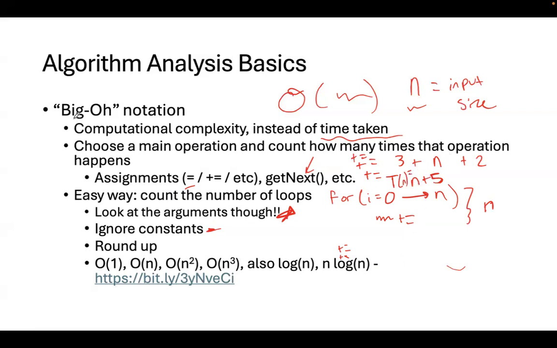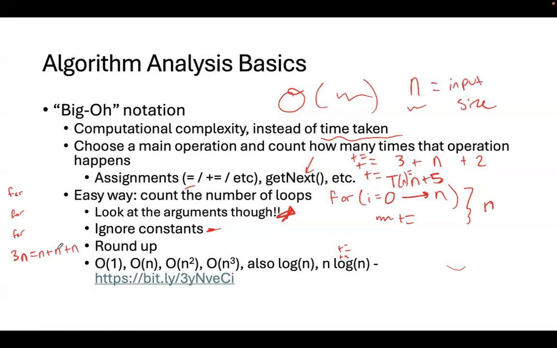And then what we do to get the big O notation is you ignore the constants. So 5 is a constant, get it out of here. Or if we had like 3 sets of for loops doing the same thing, this would give us 3 times n, because we're doing n 3 times, or n plus n plus n.